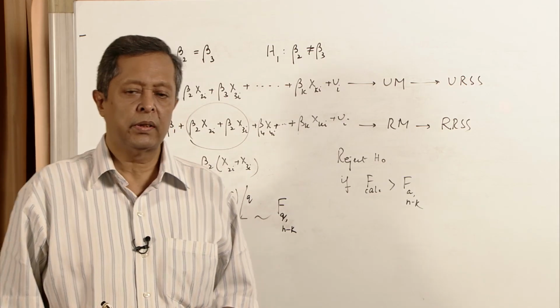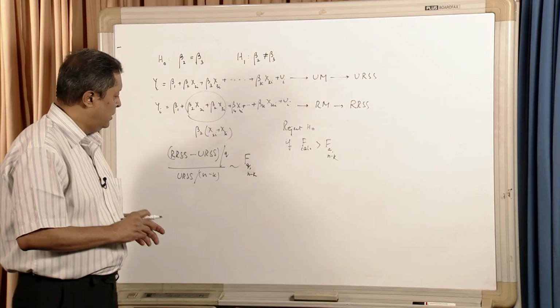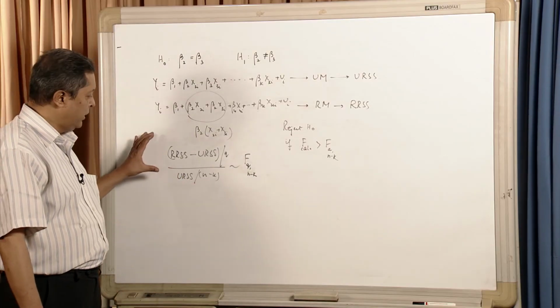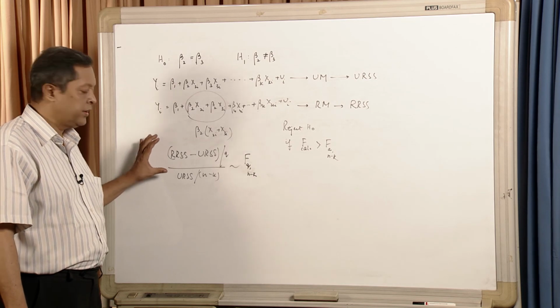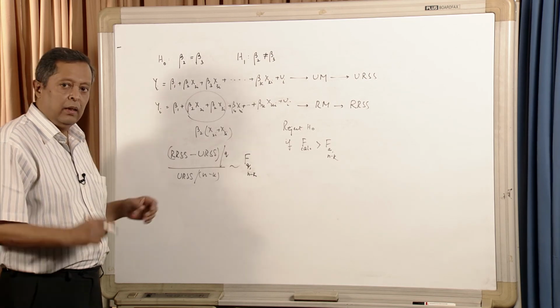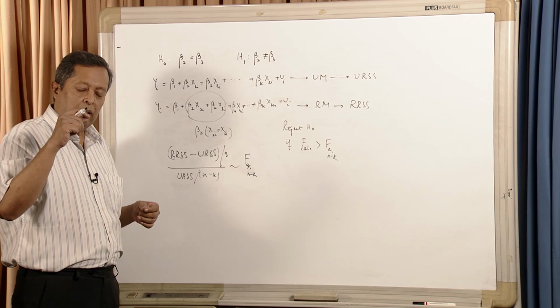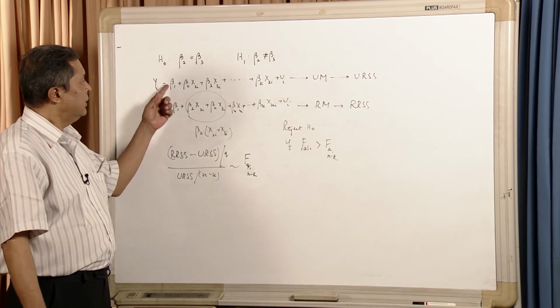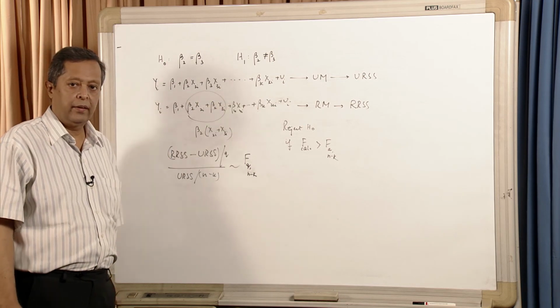So, students, with that we have been able to come up with a nice test statistic for testing more than one regression coefficient jointly for the multiple linear regression model.